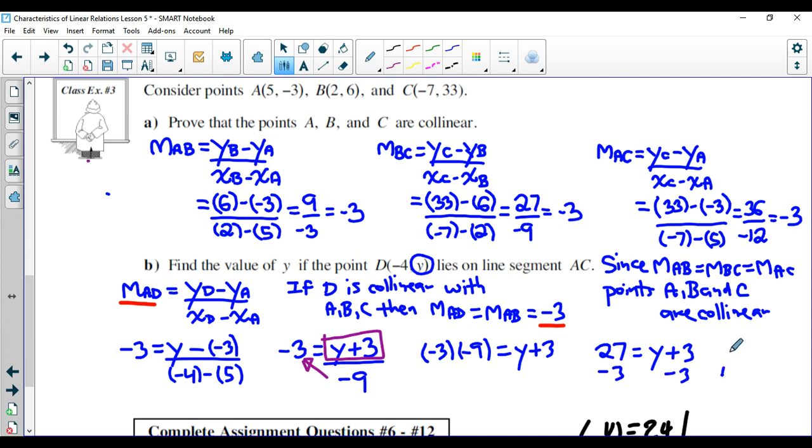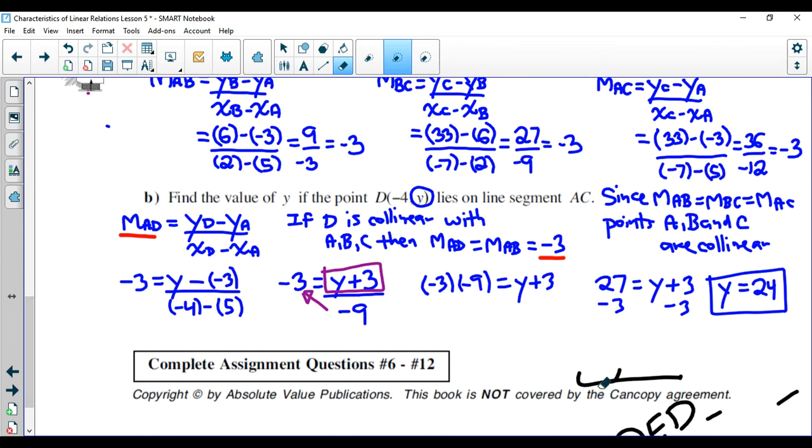That leaves you with a y value of 27 minus 3, which is 24. So if I want point D to be collinear with these points, which means it needs to have the exact same slope, the y-coordinate would have to be 24. That's really what I did here.